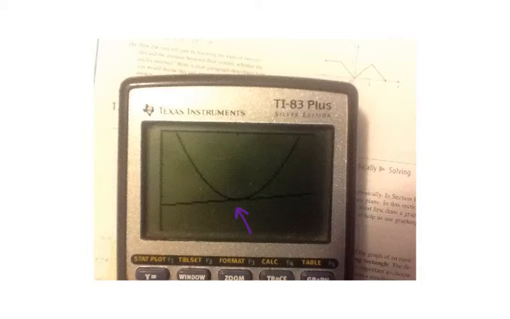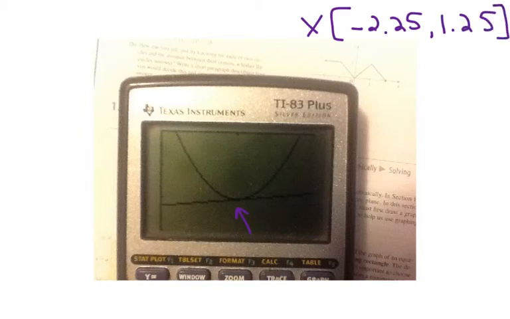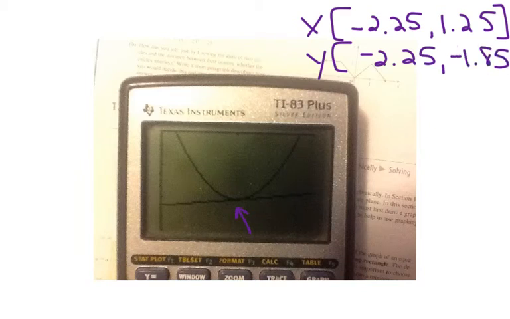Well, I'm going to tell you the window setting that my book uses. My book used x from negative 2.25 to 1.25. And then the y values, the minimum was negative 2.25 and the maximum was negative 1.85.